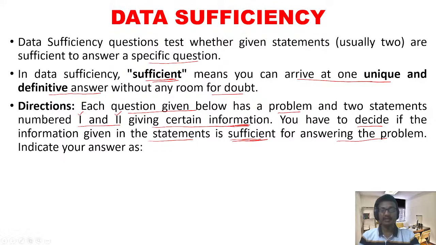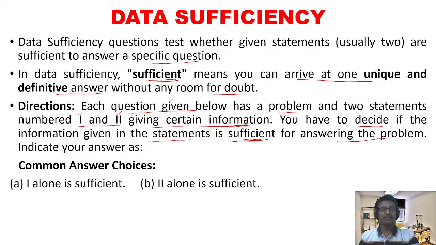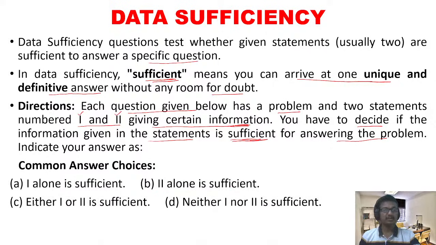So you need to indicate your answer. How should you indicate? Generally, the common way of providing the choices will be like this. The first choice will be statement 1 alone is sufficient. Then the second choice is statement 2 alone is sufficient. Then the third choice is either 1 or 2 is sufficient.